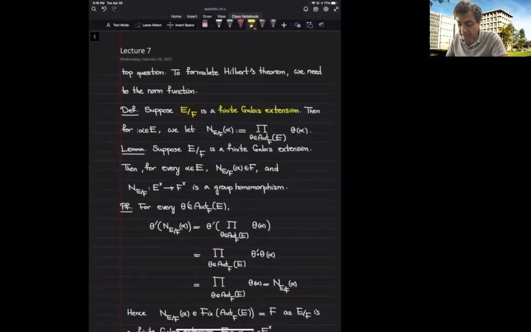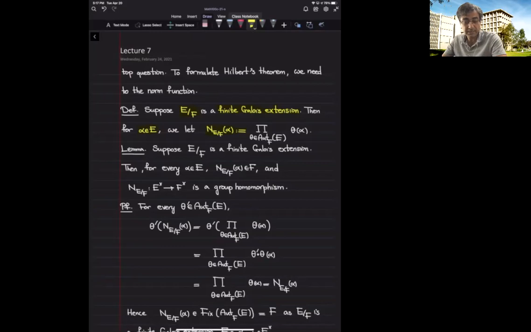Then for every alpha inside the larger field, the Galois norm of alpha is the product of all theta of alphas. The theta of alphas are called Galois conjugates, but here they might come with multiplicities, and we might have many of them be the same thing.